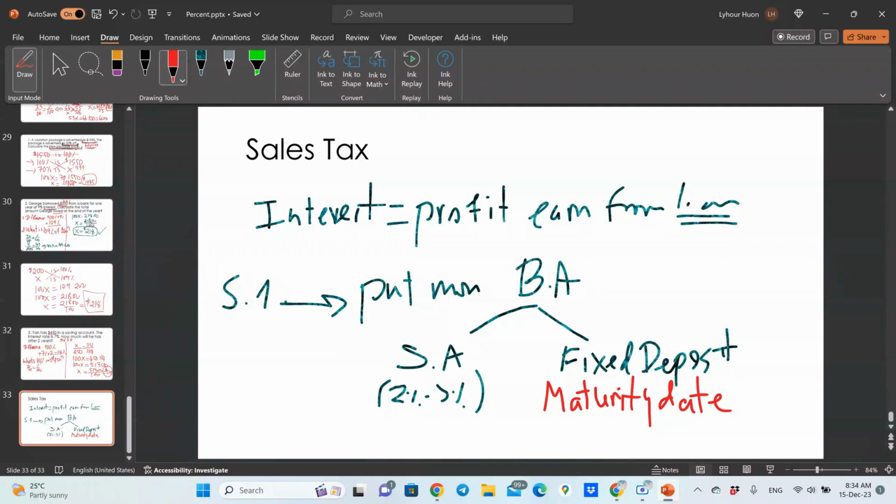But if it's up until the maturity date, you will get between 7% to 8% interest, meaning that we earn a little bit more profit than the saving account.